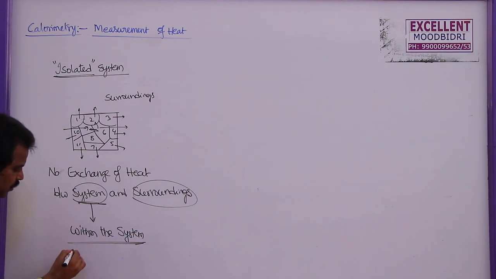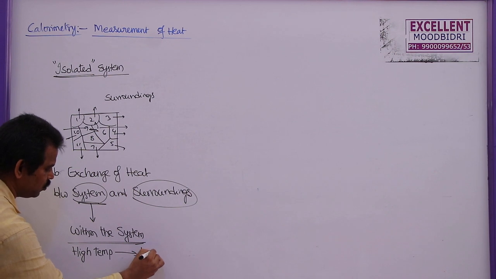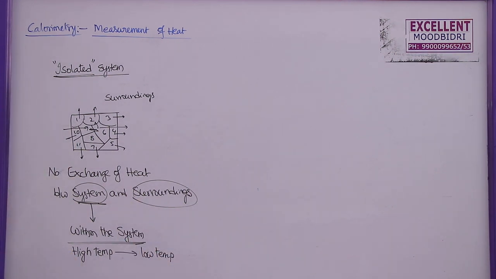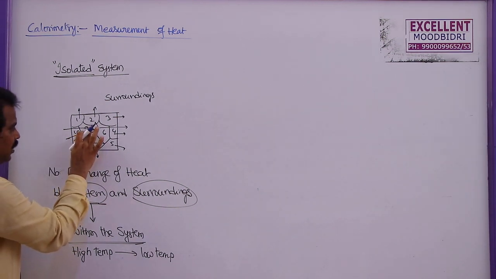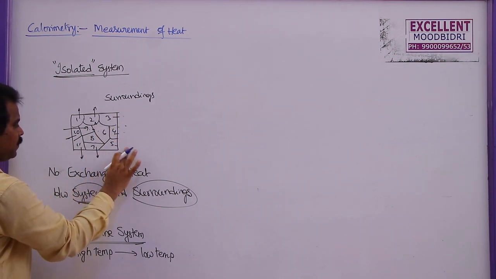Now heat exchange takes place from a high temperature region to a low temperature region. So in this case, if you observe this one, I will denote this with high temperature and low temperature with different colors.